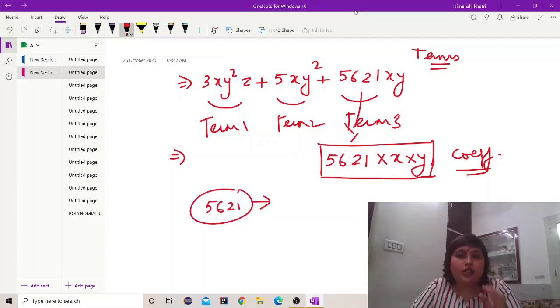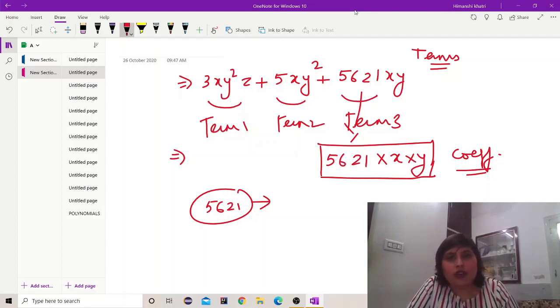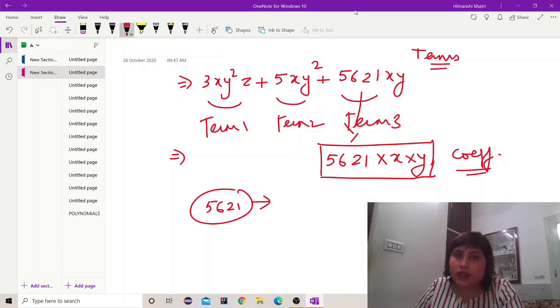Now suppose I ask you, find the coefficient of xy square z. First you will identify the term which contains xy square z. Our first term contains xy square z. Now we have to find the coefficient of it.